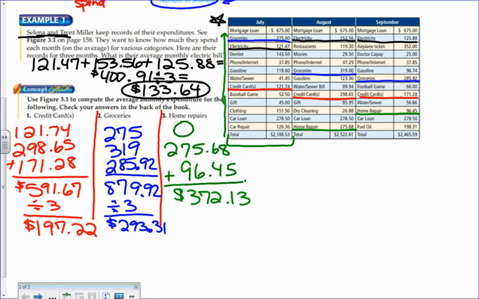All right, and then we're going to divide this by 3. Even though we spent no money that first month, that month still went by. So we're still dividing by 3. So on average for home repairs, we spend $124.04.